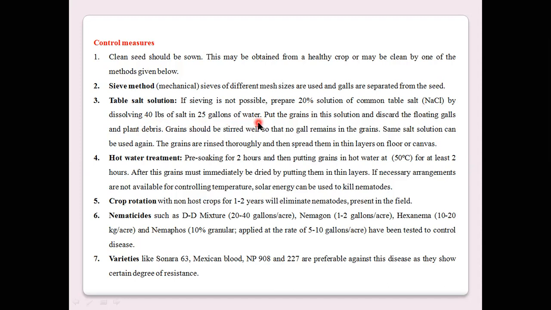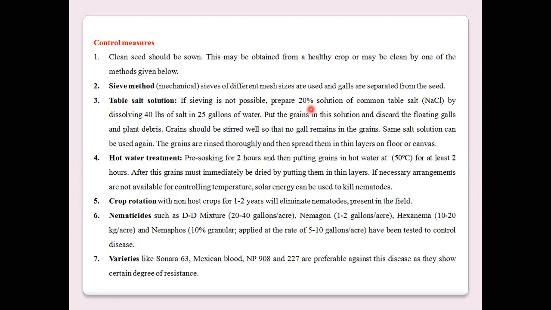Just take 2 kg common salt dissolved in 10 liters of water, and soak the wheat seeds in this water. After 5 or 10 minutes, the infected galls or infected seeds just float on the surface of the water or solution.